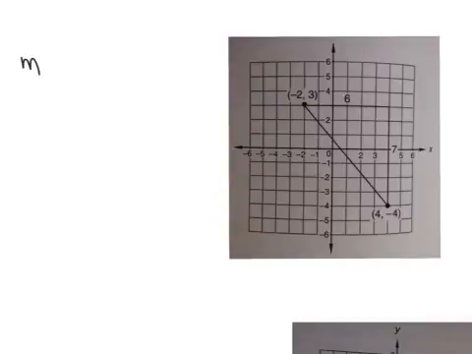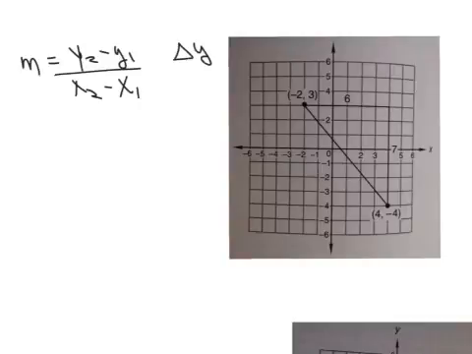Remember, the slope formula was y2 minus y1 over x2 minus x1. Okay, so what we're going to do is find out the change in y and the change in x. Now, this is the cool thing about this, the change in y will be this distance.